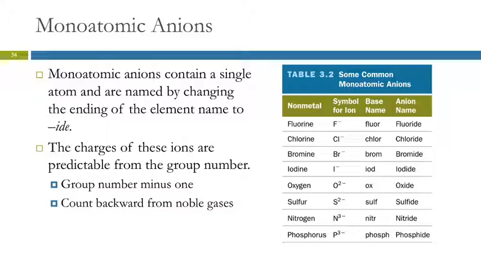So I told you I think of nonmetals as being feminine, as being women. So traditionally, a man and a woman get married, and who changes her last name? The woman. So here, the nonmetal is changing the ending, the last part of its name. So fluorine, when it becomes an ion, is fluoride. Chlorine is chloride, etc.